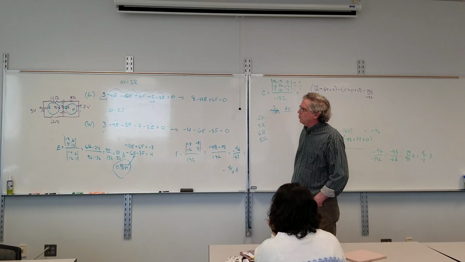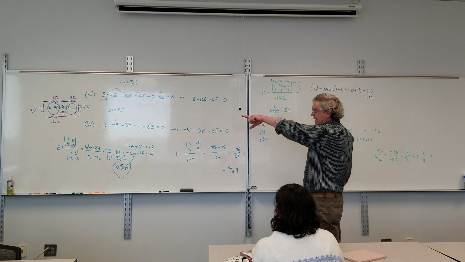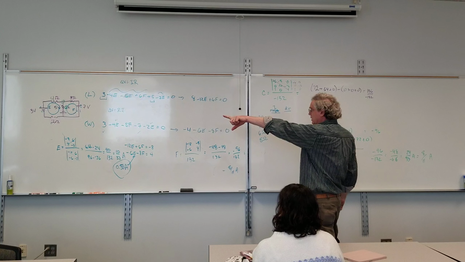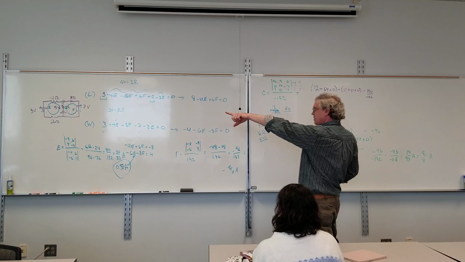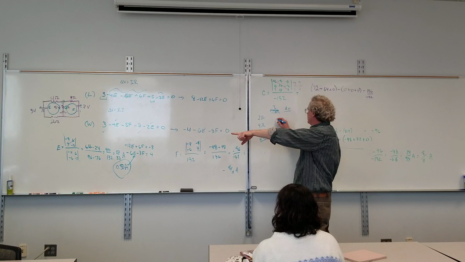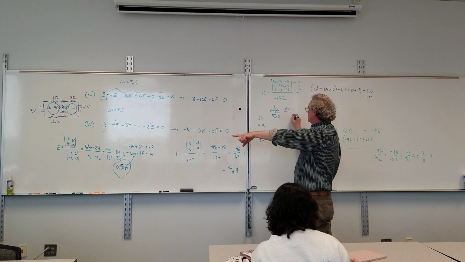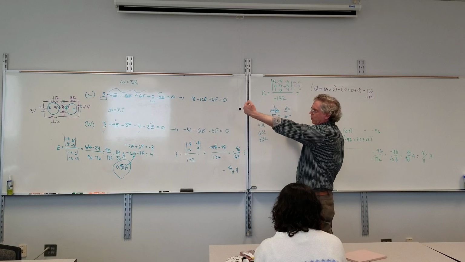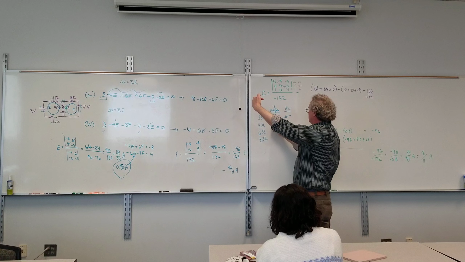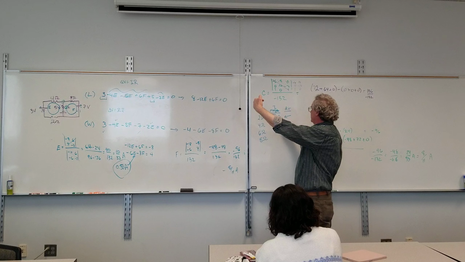So across the 2 ohm, we had E going to the left, and E was a positive number, 10/33, so 0.30 repeating amperes going to the left. The 4 ohm is going to the right, so 0.30 repeating amperes going to the right.